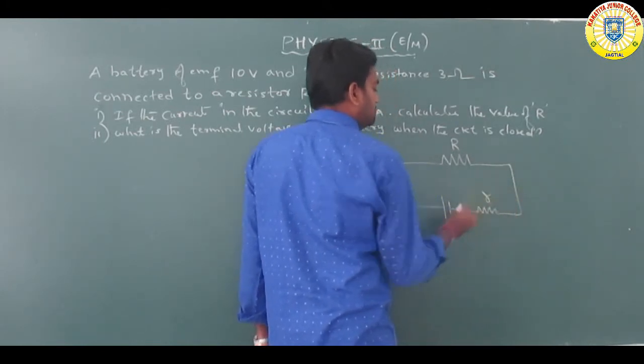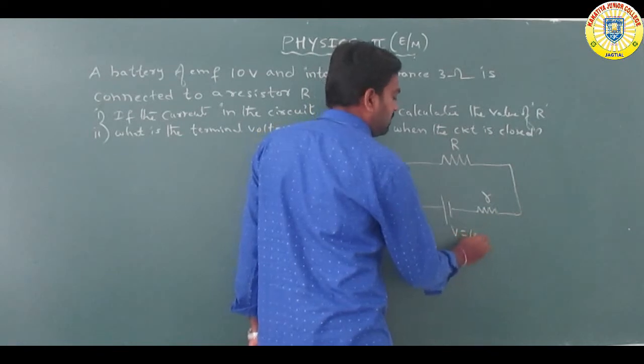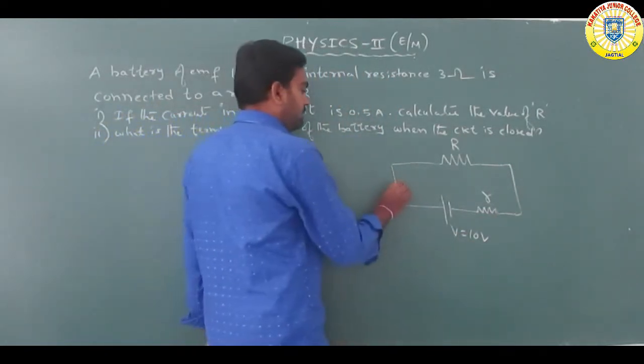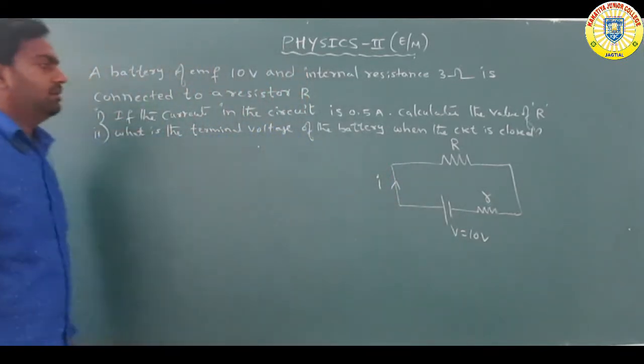The voltage is 10 volts. I is the current passing through the circuit.